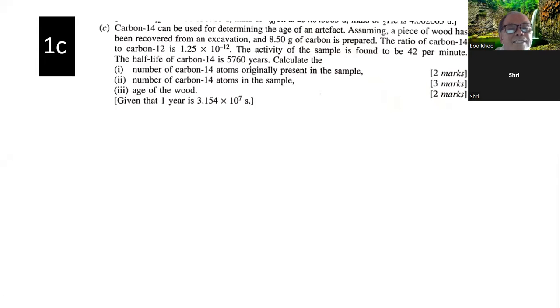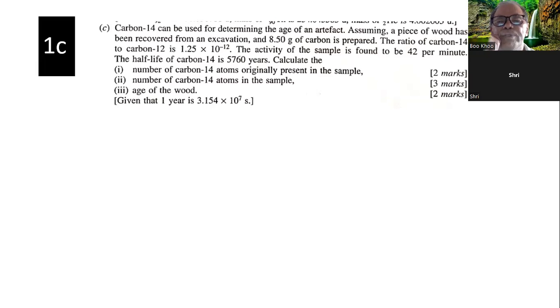Okay, carbon-14 can be used for determining the age of an artifact. Assume a piece of wood has been recovered from an excavation and 8.50 gram of carbon is prepared. The ratio of C14 to C12 is 1.25 times 10 to the power minus 12.